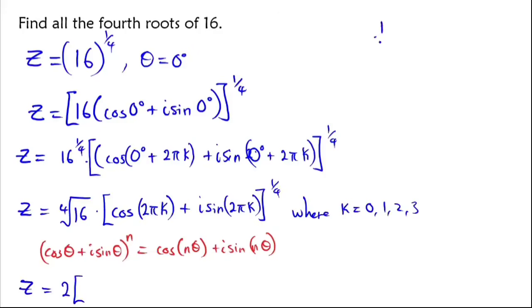So we're saying 1 over 4 multiplied by 2 pi k. According to De Moivre's theorem, that's the n theta I'm talking about. So our n is 1 over 4. So this gives us pi k over 2. So this will be written as cos pi k over 2 plus i sine pi k over 2.